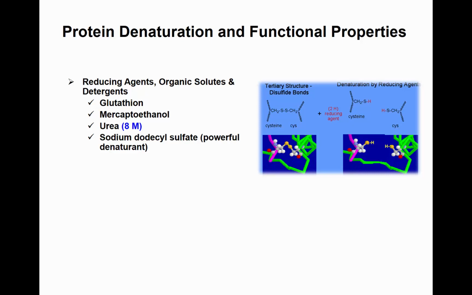Reducing agents, organic solutes and detergents. If you have a protein that is stabilized by disulfide linkages, add a reducing agent like glutathione or mercaptoethanol, it will break the linkages and the structure opens up. Sometimes this is useful in analytical methods.